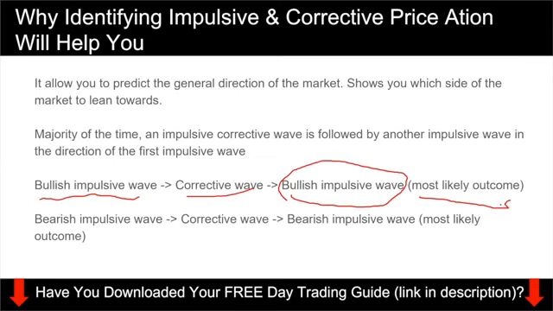If you can identify the bullish impulsive wave and the corrective wave, then you will know that the next movement is likely to be bullish. I want to be looking for longs. That's the power of using impulsive and corrective price action. Hopefully you're convinced that this will help improve your trading, and you will stick around this video and learn how to identify each of these waves.